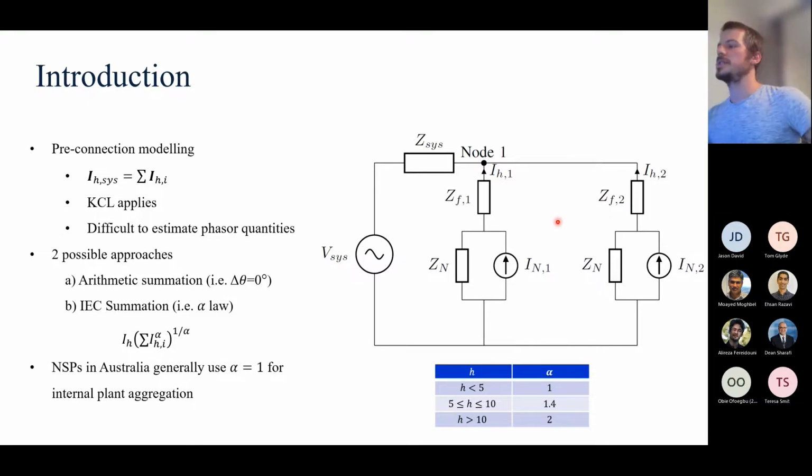This is the process generally required by NSPs in Australia when undertaking pre-connection compliance assessment modelling. We assume that there is no diversity between harmonic sources within a network, within a site. So you might have 40 individual wind turbine generators or 20 individual solar inverters, and the harmonic current from each one of those sources adds arithmetically as it flows into the collector network and ultimately injects into the grid.